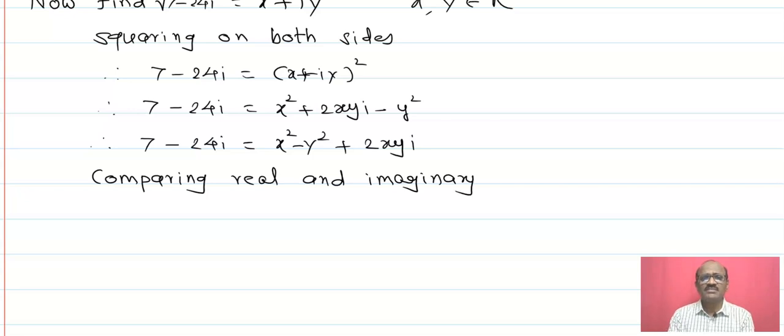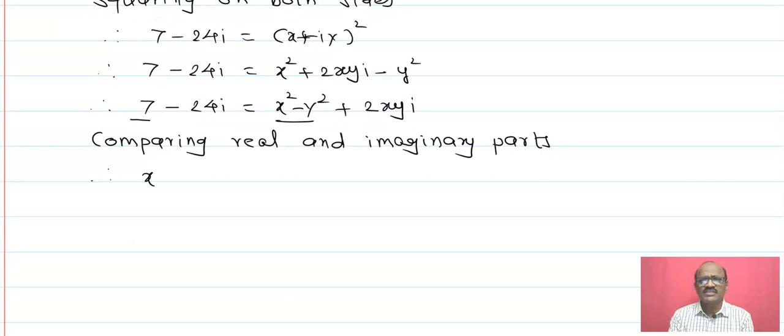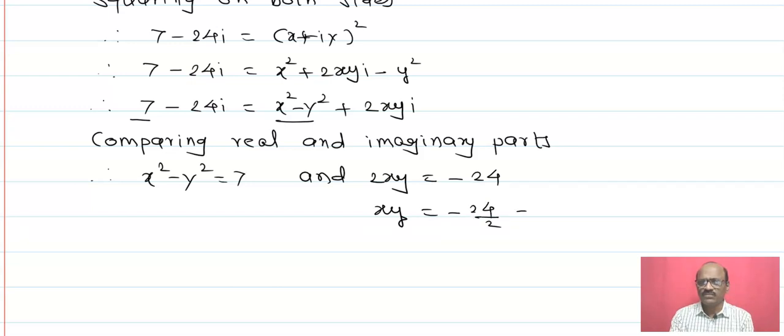Now collect the real terms, that is x square minus y square, plus 2xyi. Now equating the real and imaginary parts, you are getting x square minus y square is equal to 7 and 2xy is equal to minus 24.